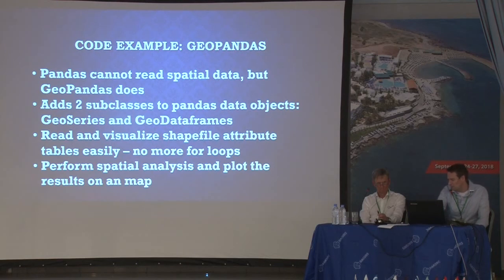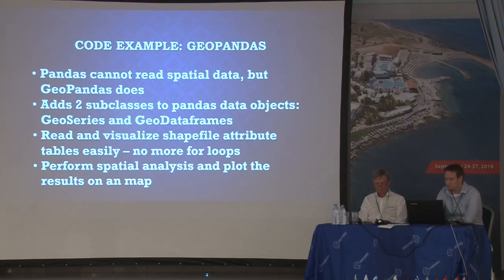The problem is that it cannot read spatial data, so a very smart person, a scientist, wrote a library called GeoPandas that can read spatial data. For example, shapefiles, you can also read them with OGR, but you have to loop through them with for loops, and it's not very handy. You want to visualize the data, and GeoPandas can do that.